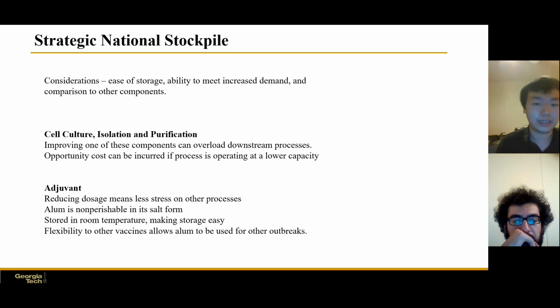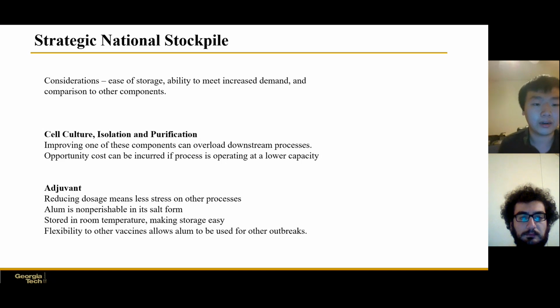And also, these are just subunit proteins, so they are not effective without the adjuvant. So if we didn't have enough adjuvant, then these subunit proteins are not effective for a vaccine.